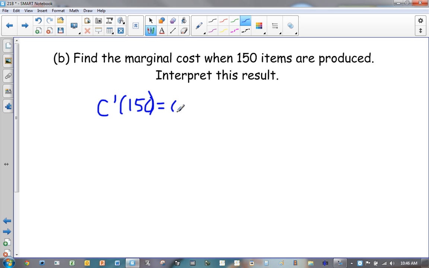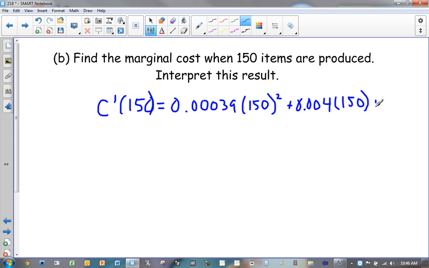And so that is going to be 0.00039 times 150 squared plus 0.004 times 150 plus 5. And if I calculate that, I get that the cost, or the change in cost, is $14.38.